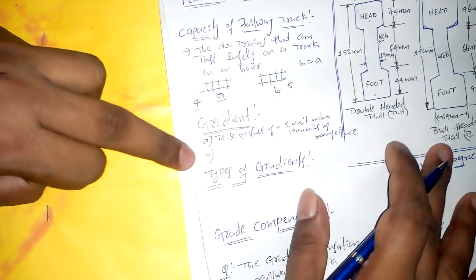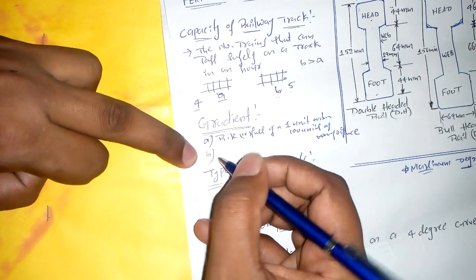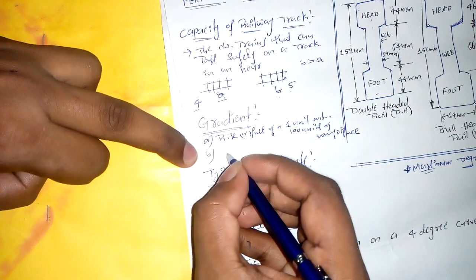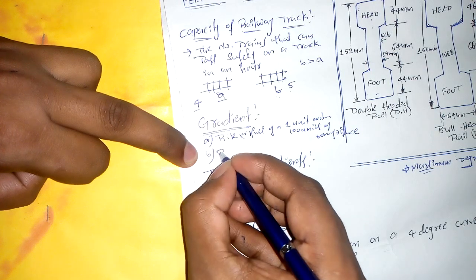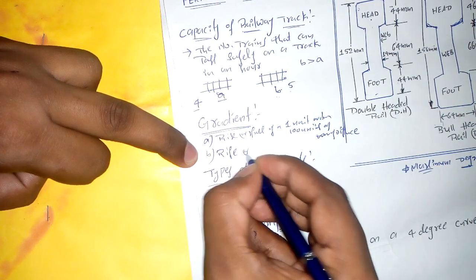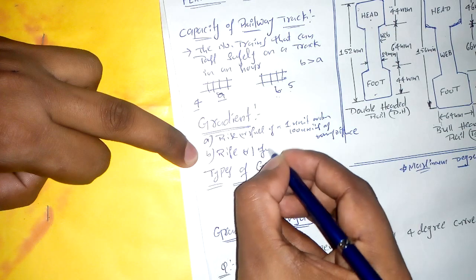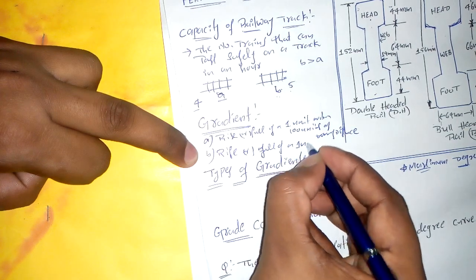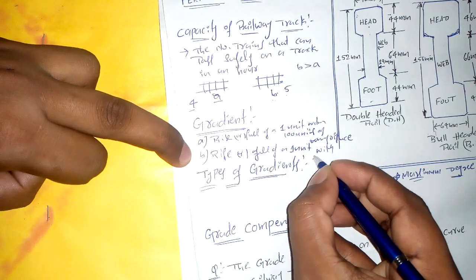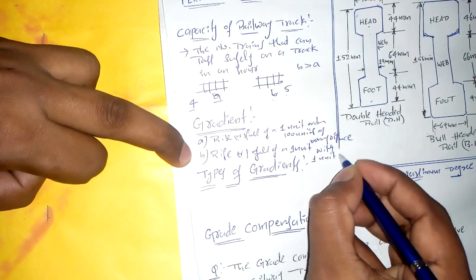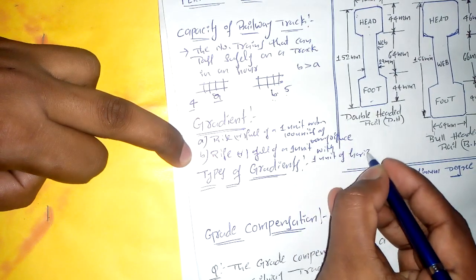And again, as in highway engineering, here also the gradient can be a rise or fall of 1 unit with respect to 1 unit of horizontal distance.